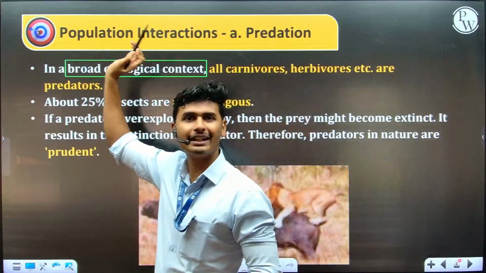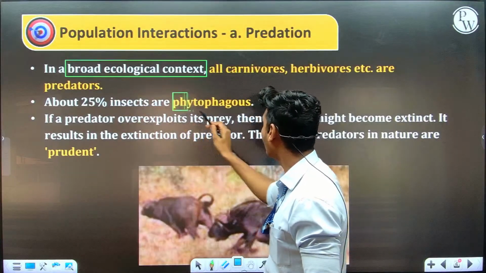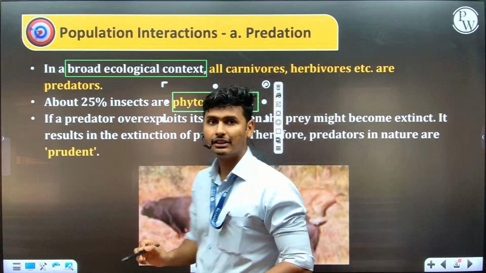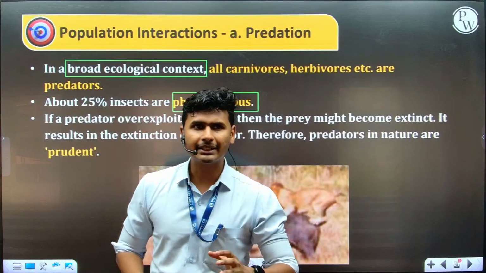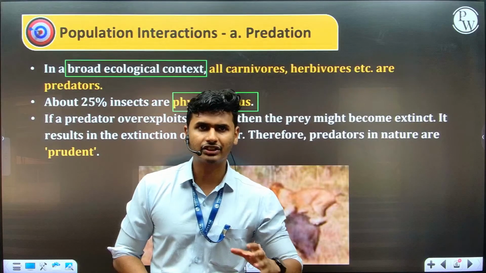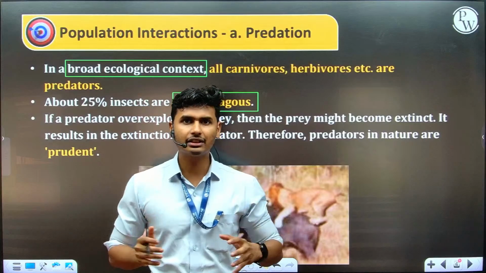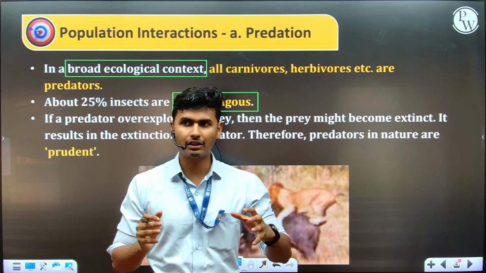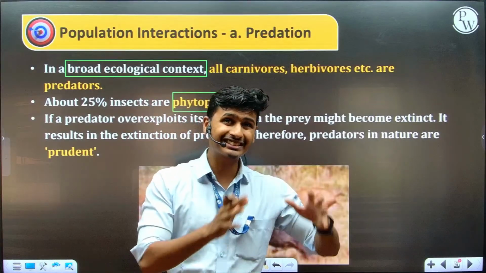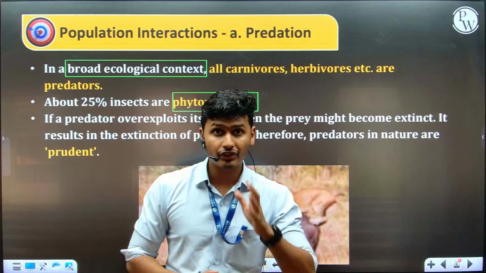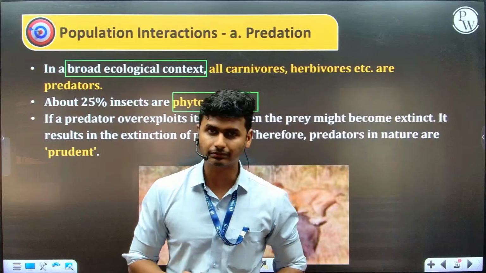Now, about 25% of insects are phytophages. You know that in the animal kingdom, phylum Arthropoda has 70% plus of the population.